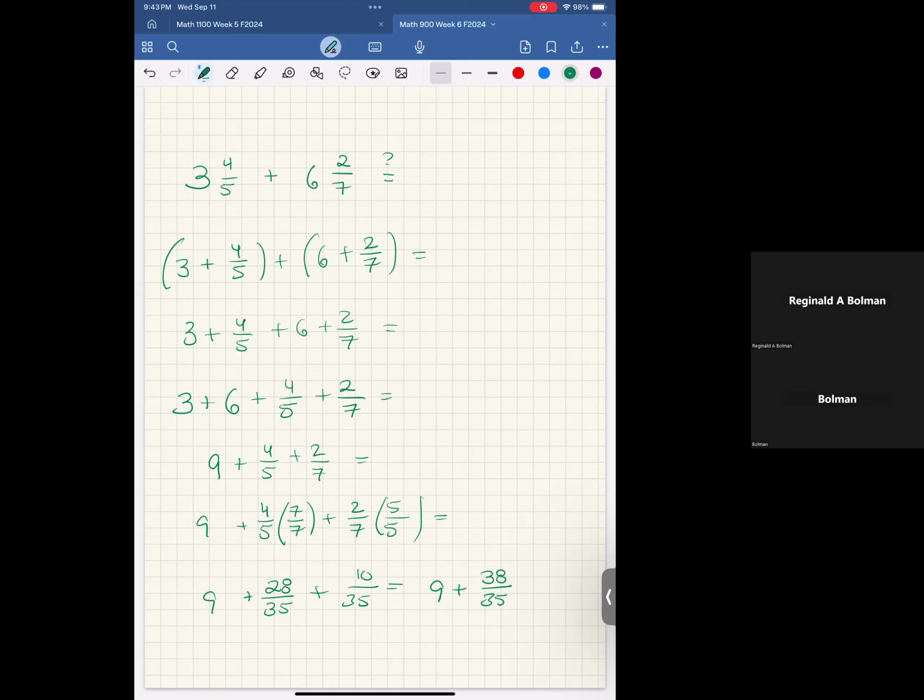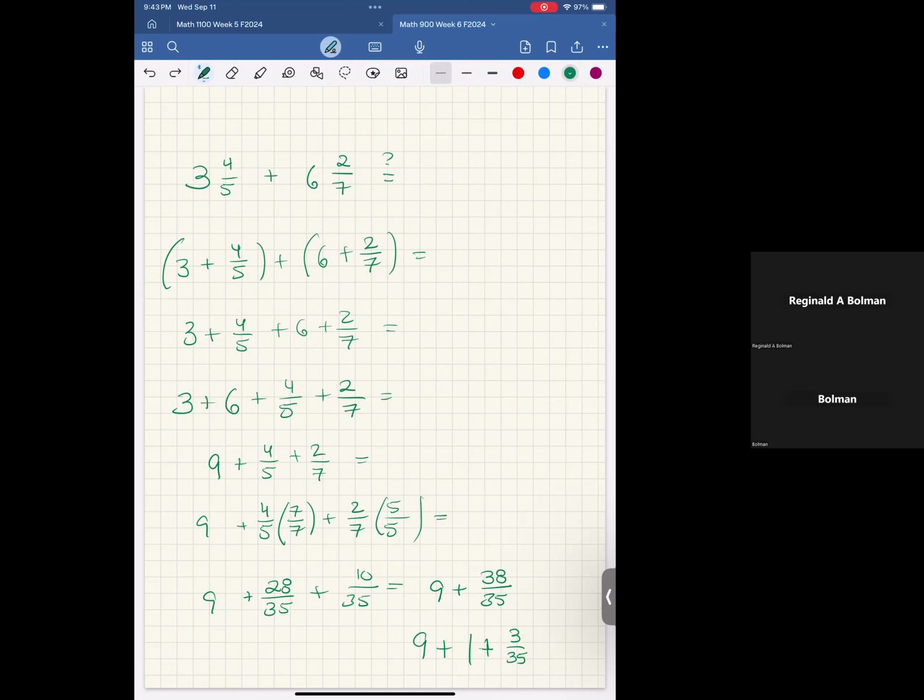And here's the little thing about simplifying these fractions. At this point in time, this 35 will actually go at least once evenly into 38, and you should be left with 3 left over. And so the trick of doing these problems is just being able to perform the adjustment that you need whenever you're presented with a situation that calls for you to simplify this improper fraction here. 35 divides 38 once.